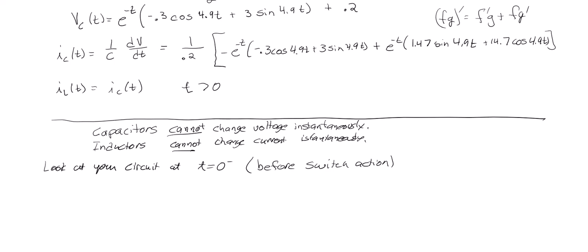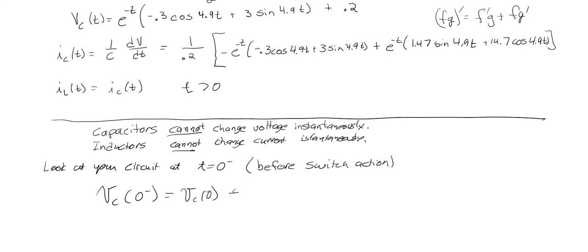It still means 0, but we're looking at it coming from the negative side. Since it can't change instantaneously, it has to be continuous. Whatever I find before I throw the switch has to be the same as after the switch. So VC of 0 minus has to equal VC of 0.